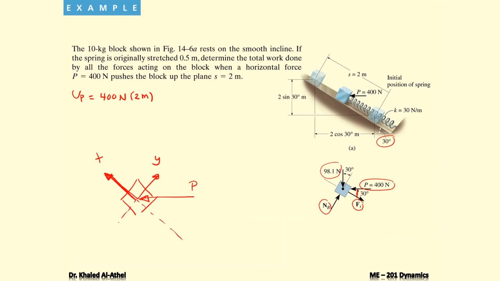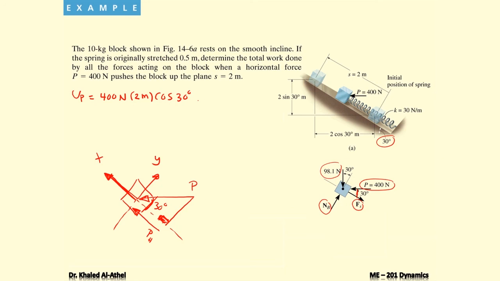Okay, I'm going to extend these two. So always, when you have two coordinates, x and y, once you identify them, make the angle between them 90. So it's going to look something like this. So this is 90. Now I can write that this angle is 30 degrees. Now you know that you're going to take cosine of the angle between the force and the displacement to give me the horizontal component of force P. So PH, horizontal component, is 400 Newton times 2 meters multiplied by cosine 30 degrees.